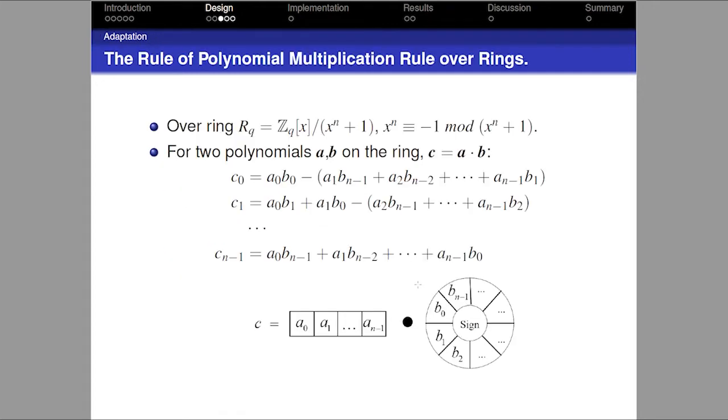Over the ring, x to the power of n is equal to -1. For two polynomials, a and b, on the ring, the product can be written as follows.